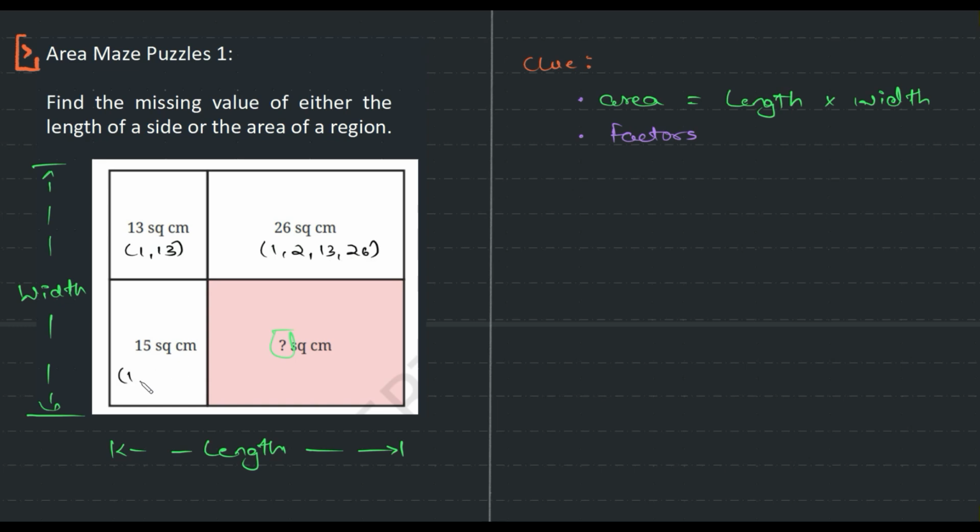Factors of 15 are 1, 3, 5 and 15. And factors of, oh, this is unknown. Next clue is use factors and think about possible dimensions. Dimensions are the length and width of the rooms.